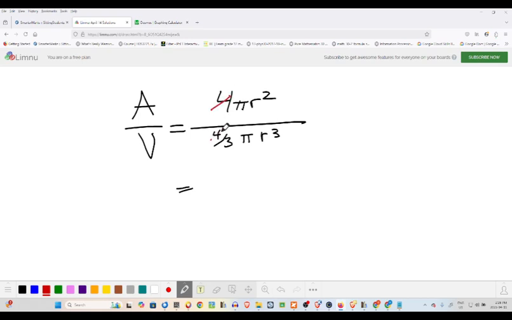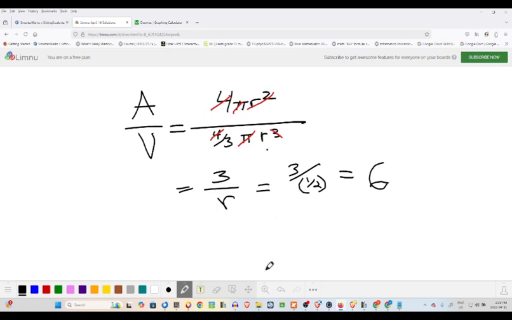We can cancel the 4's, cancel the pi's, and cancel 2 of the r's. So after the cancellations, the surface to volume ratio is 3 over r. If the diameter is 1, the radius is 1/2. So this is 3 over 1/2, or 6.